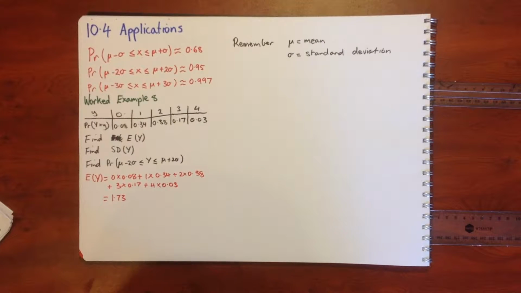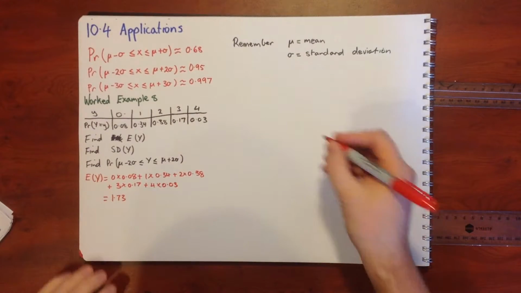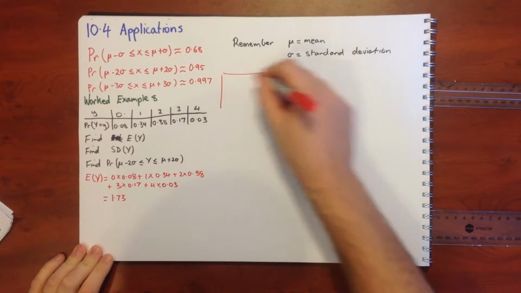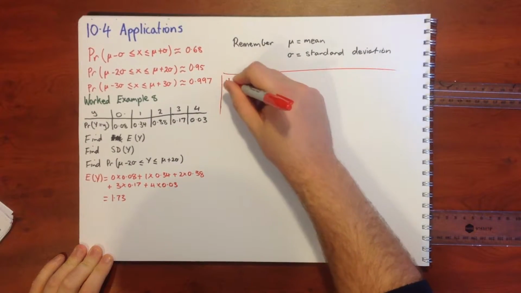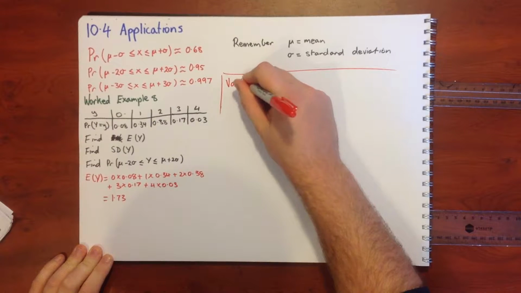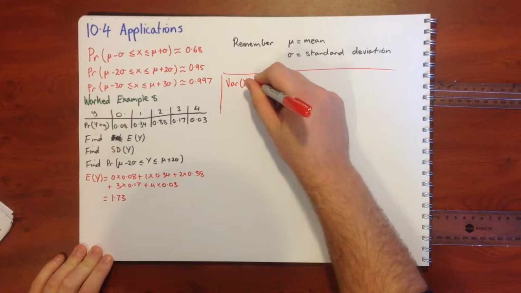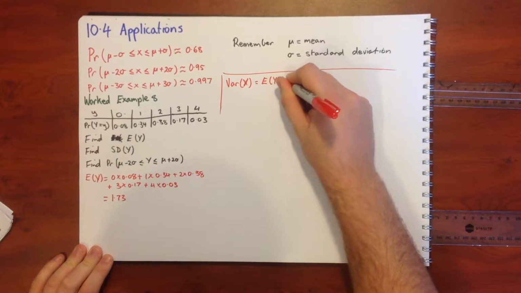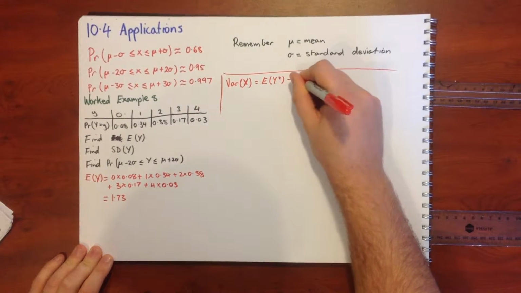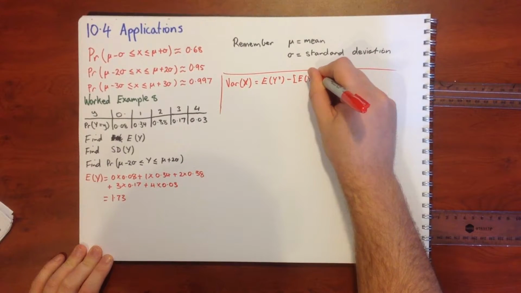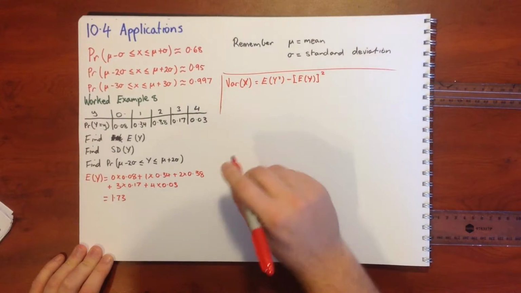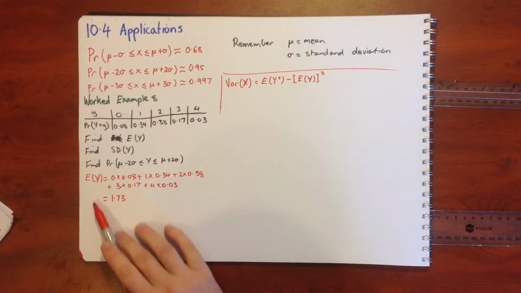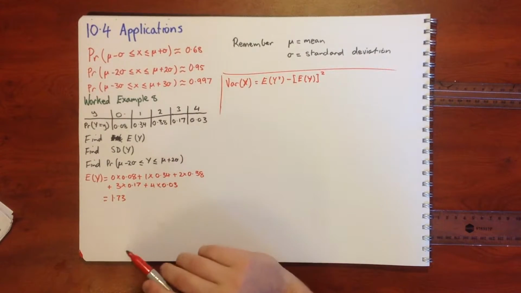For part B we need to find the standard deviation. In order to find our standard deviation, we first need to find our variance. Our variance of y in this case is equal to E of y squared minus E of y, squared. We already know what E of y is. What we need to do is work out our E of y squared.